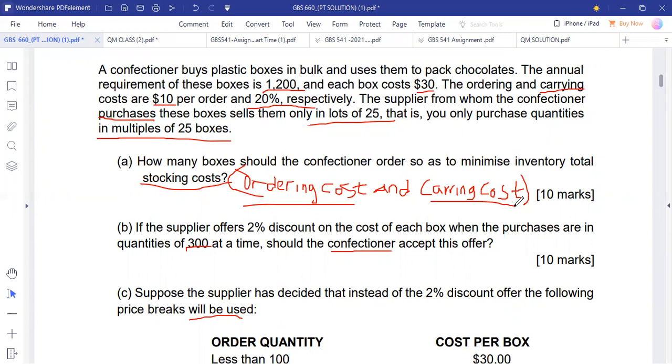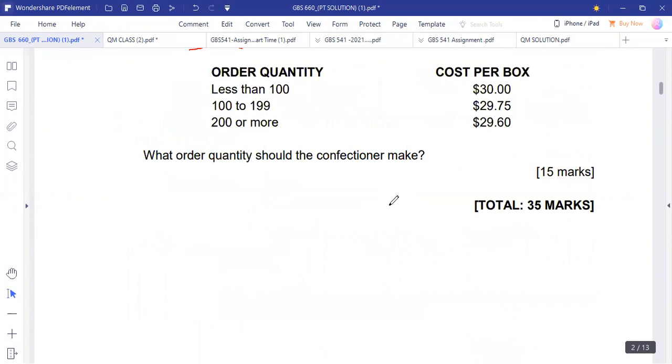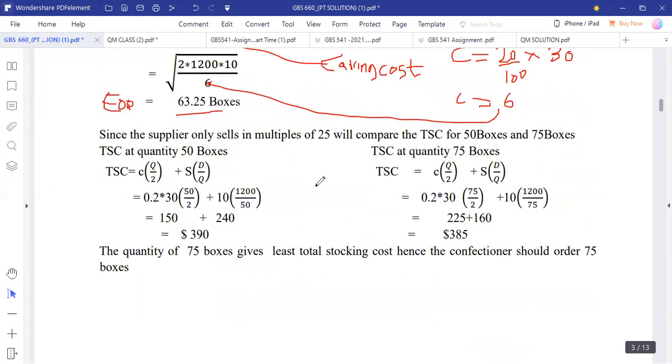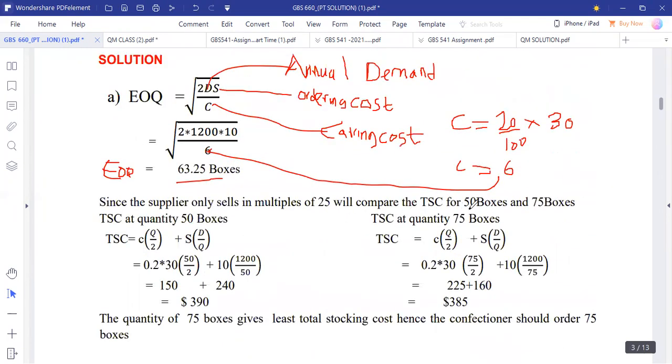These are the two components that constitute the total stocking cost. So we need to find the total stocking cost at 50 boxes and at 75 boxes, because the 63 is not good enough. We can't go for it. Since the supplier sells in 25s, we need to find that.